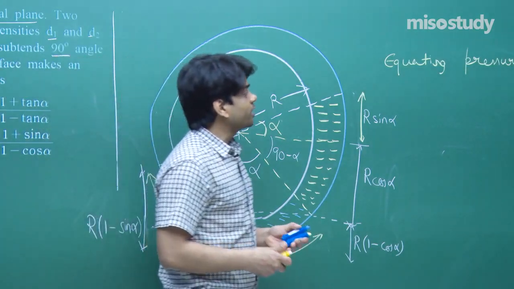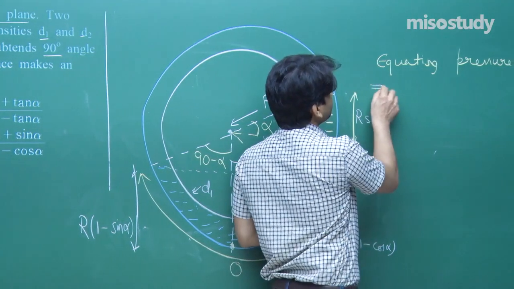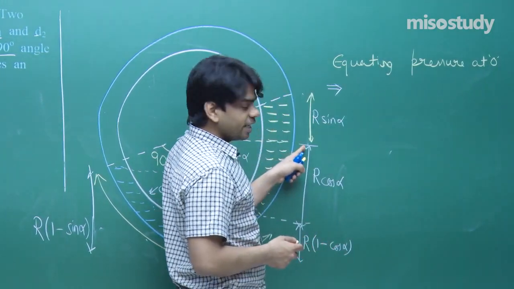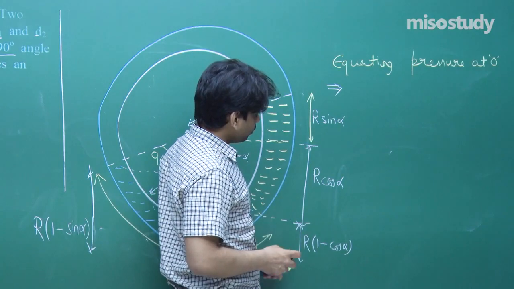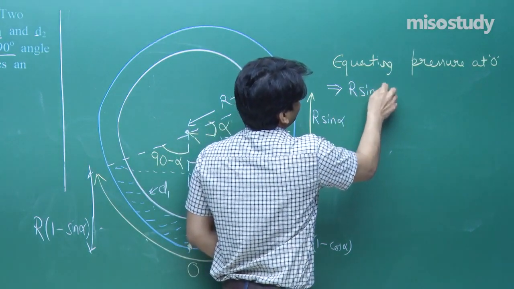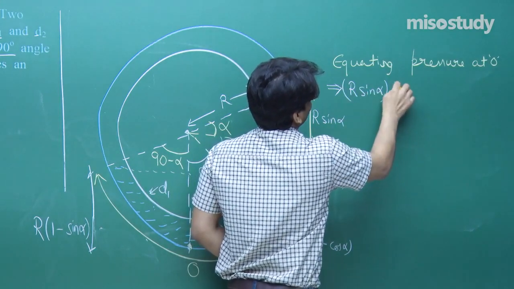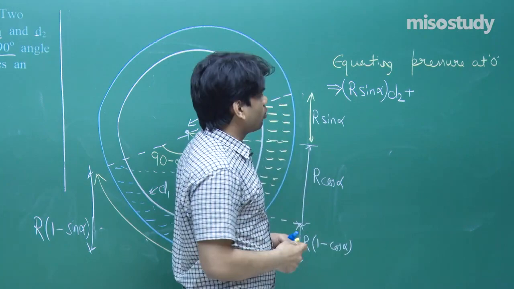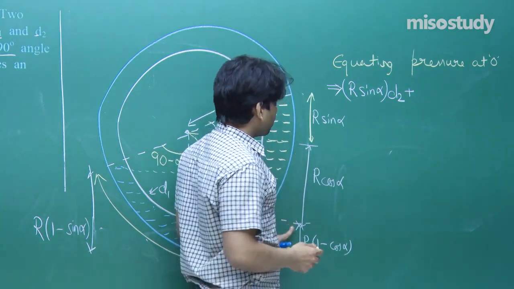Let's go ahead and equate the pressure for it. Pressure due to the right end: R sin α·D2 plus R cos α·D2 plus R(1 − cos α)·D2. See, I am not multiplying g, g will be cancelled out overall.